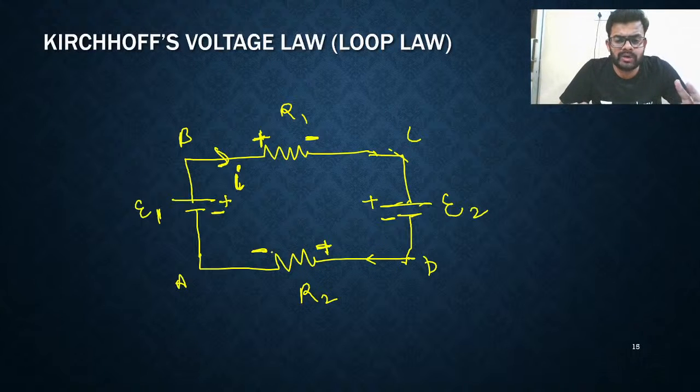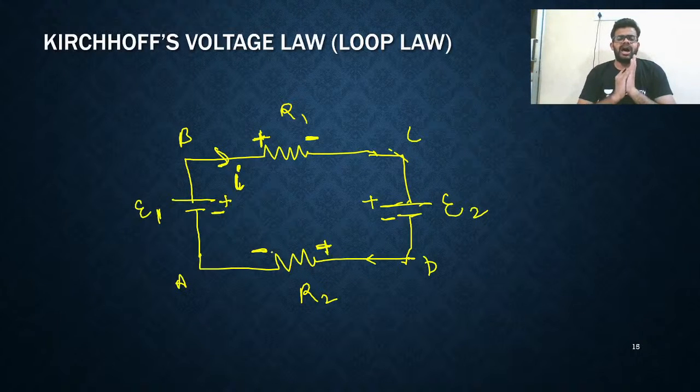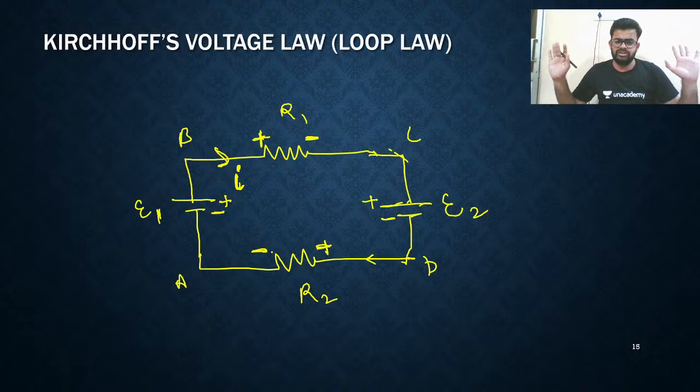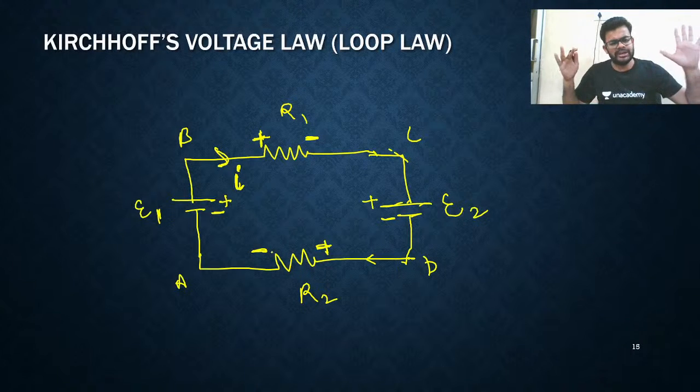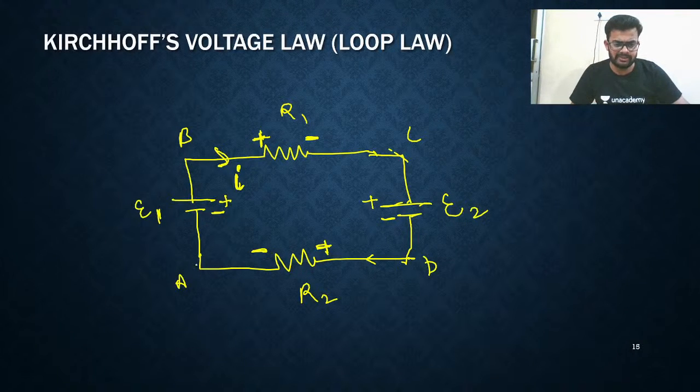Now how to solve the voltage law? Listen, very important. Always consider a direction, either clockwise or anti-clockwise. It is your choice. Start from any point. So I am starting from point A and I'll move in the clockwise direction.